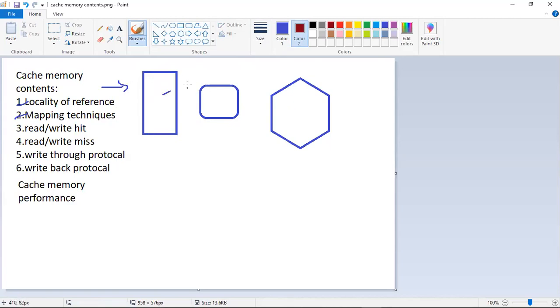The CPU checks the cache memory. In this cache memory the data is not present, so it goes directly to the main memory and asks, and the cache notes the location where it is stored and stores it into the cache memory.